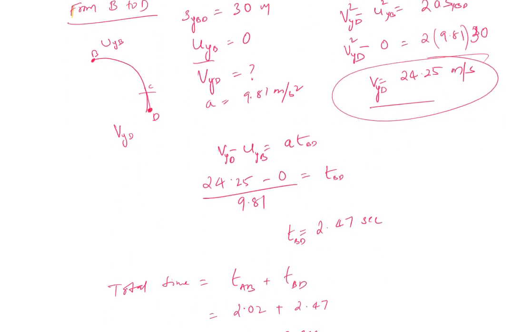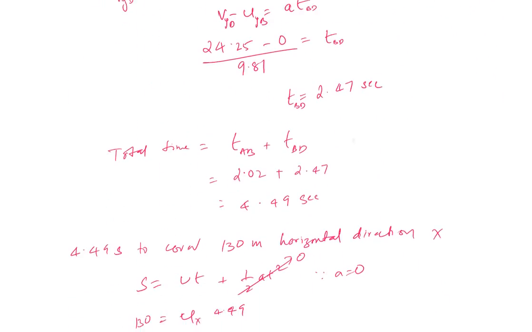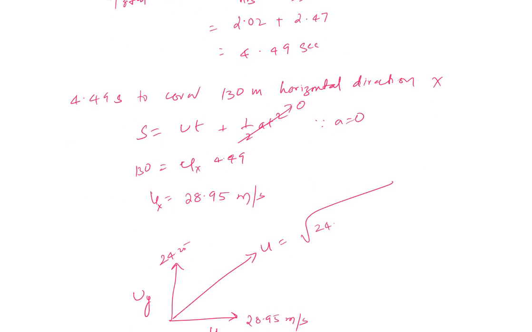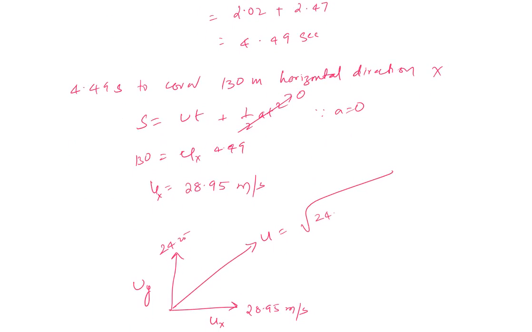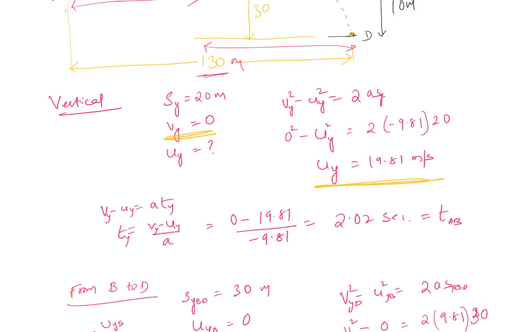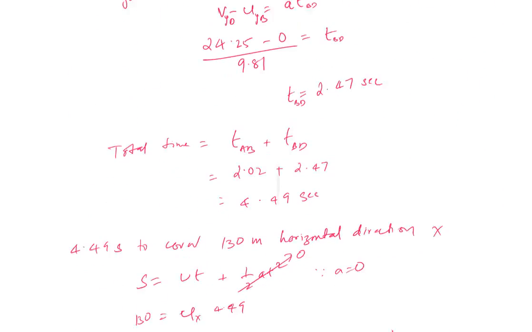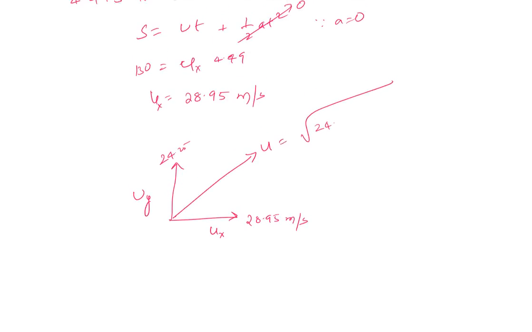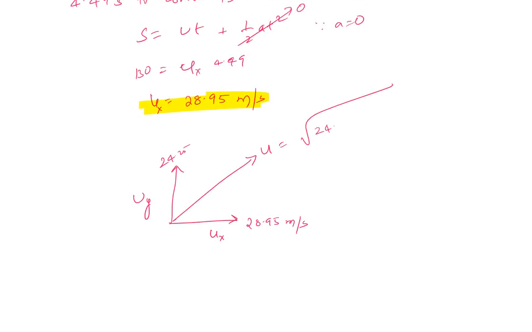The initial velocity is 19.81. So this is the one I should highlight. The initial velocity in y direction is 19.81, and the initial velocity in the x direction is 28.95.